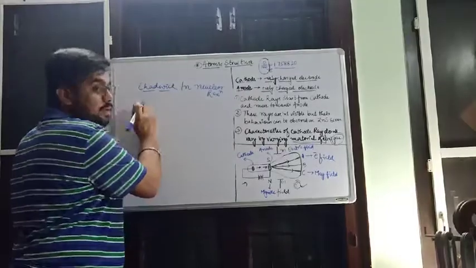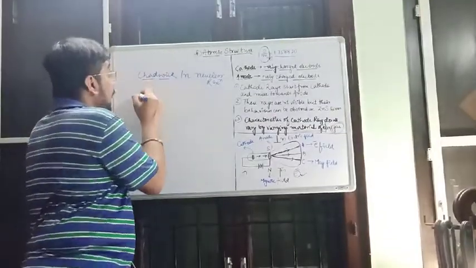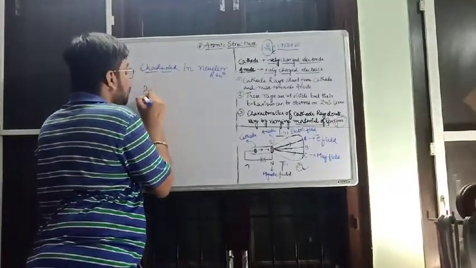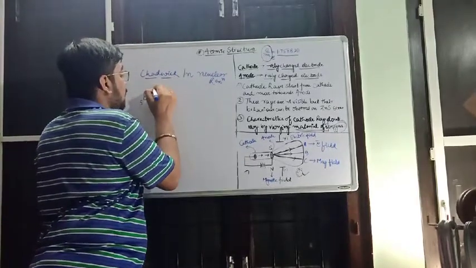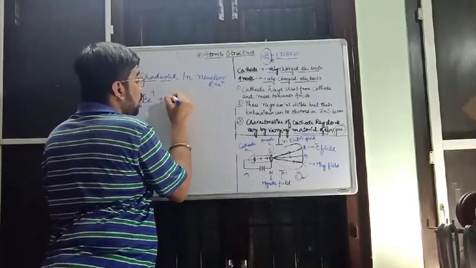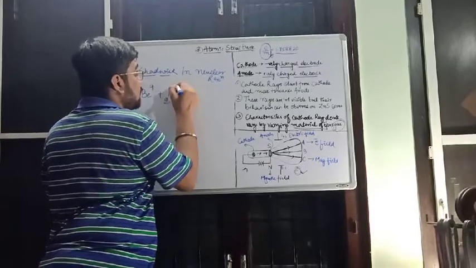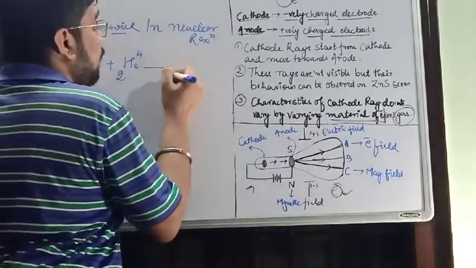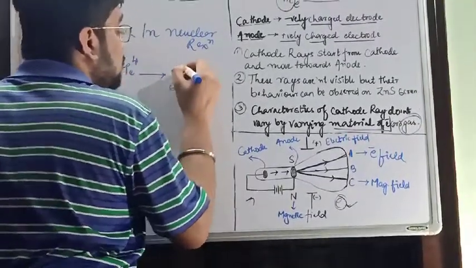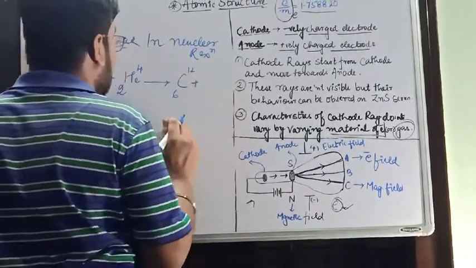The reaction is beryllium-9 hit by an alpha particle, that is He-4, which gave rise to carbon-12 and a neutron.